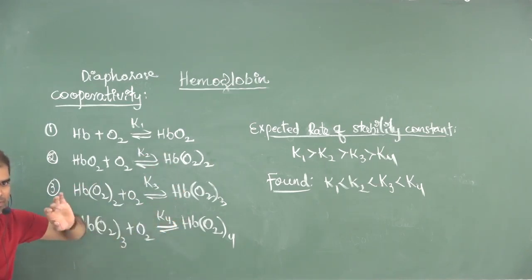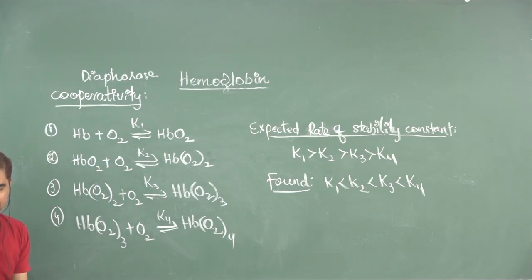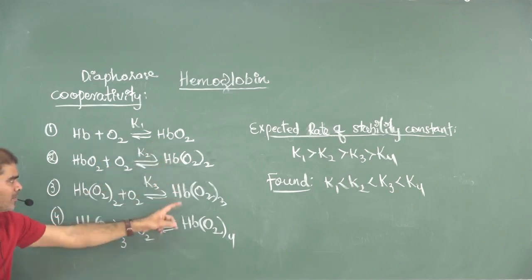Yesterday I explained to you, one iron takes up dioxygen, that will trigger the taking of another dioxygen. These two trigger the taking of the third, these three trigger the taking of the fourth. That mechanism is called cooperativity. First write down the reactions, I will give you the points.